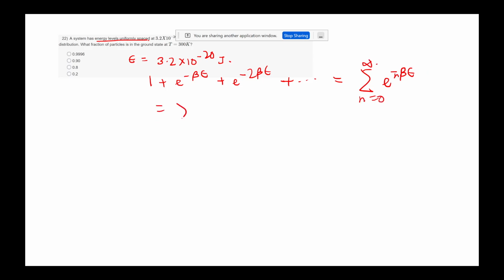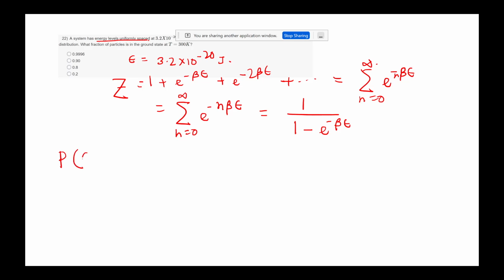So this is the sum from 0 to infinity of e to the power minus n beta epsilon. This is an infinite geometric series, right? So this is z, the partition function. So this becomes 1 by 1 minus the coefficient, which is e to the power minus beta epsilon, that is being multiplied every time.